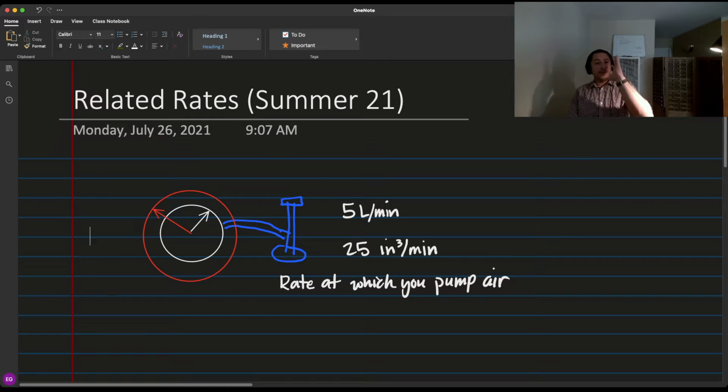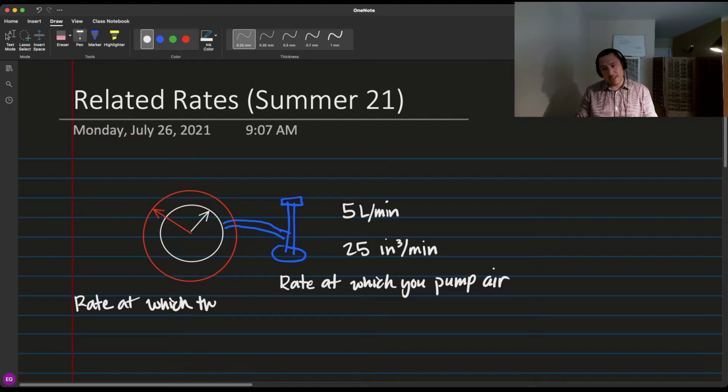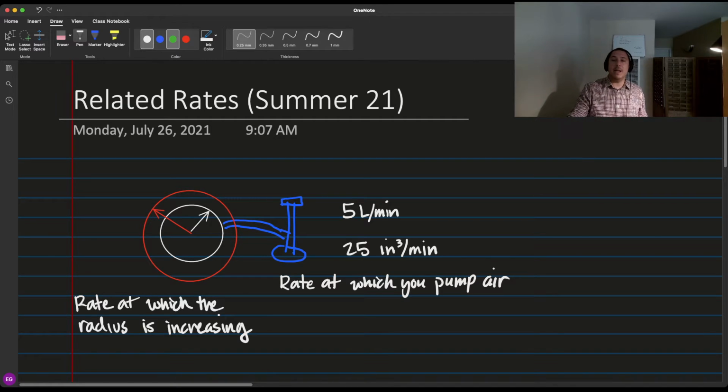So there's the rate of change at which you pump the air. Now what's going to be really interesting is that there's going to be another rate. The rate at which the radius is increasing. That's what we mean by there are related rates, because the rate at which the radius is increasing is connected to the rate at which you pump air.